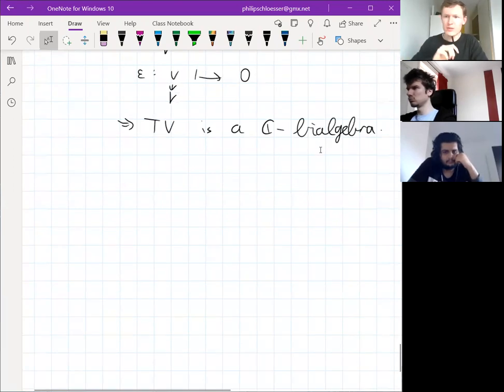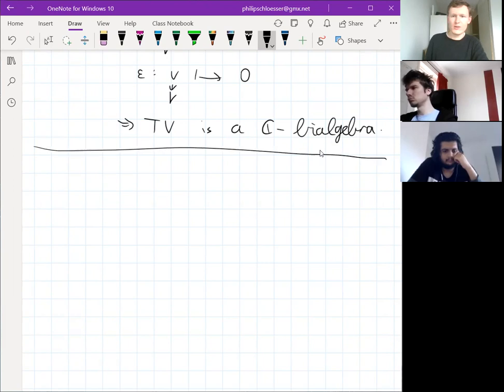Yeah, something I maybe neglected to mention at the beginning. The whole thing we are looking at today can be put together in one very nice observation, which is usually referred to as Tannaka duality.